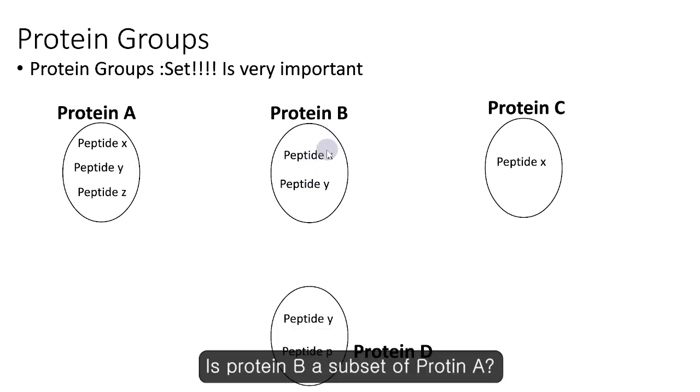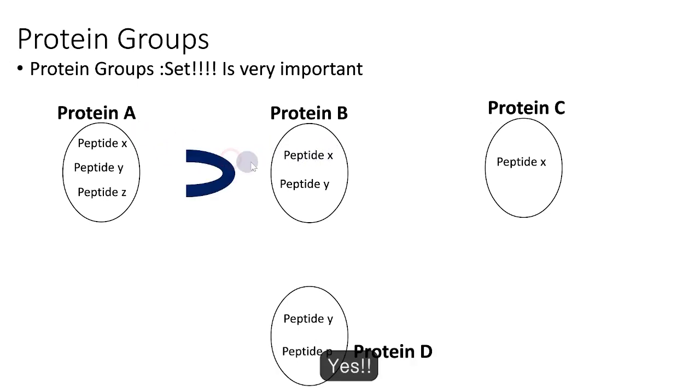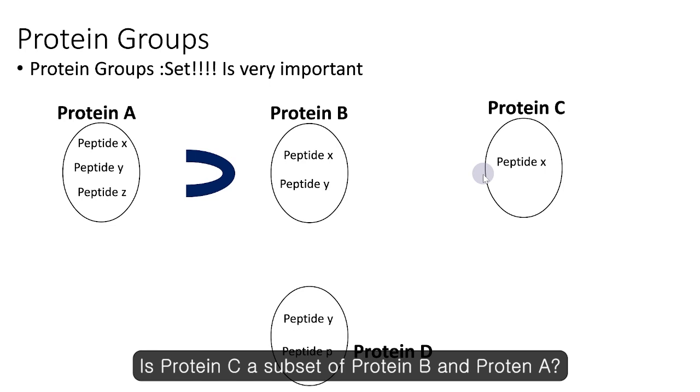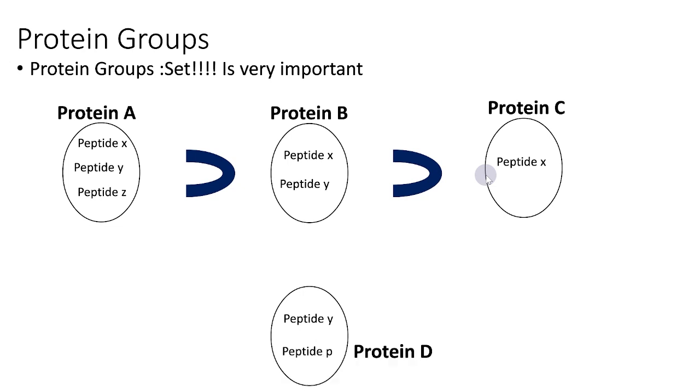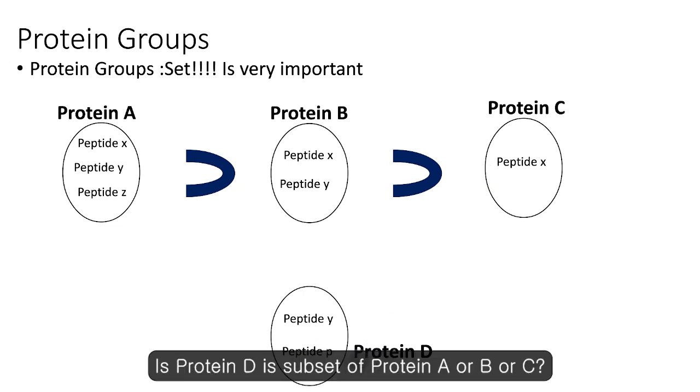Is protein B a subset of protein A? Yes. Is protein C a subset of protein B and A? Yes. So proteins A, B, C are contained in the same protein group. Is protein D a subset of protein A or B or C?